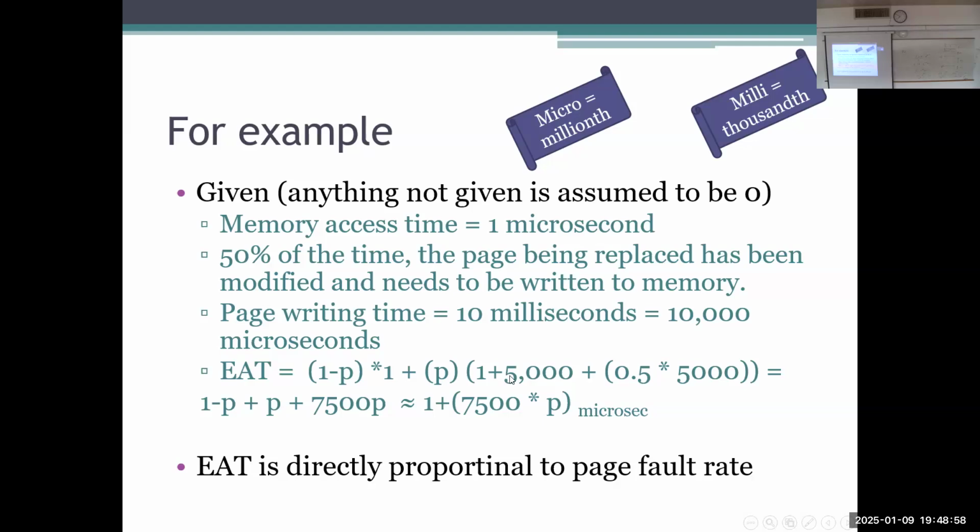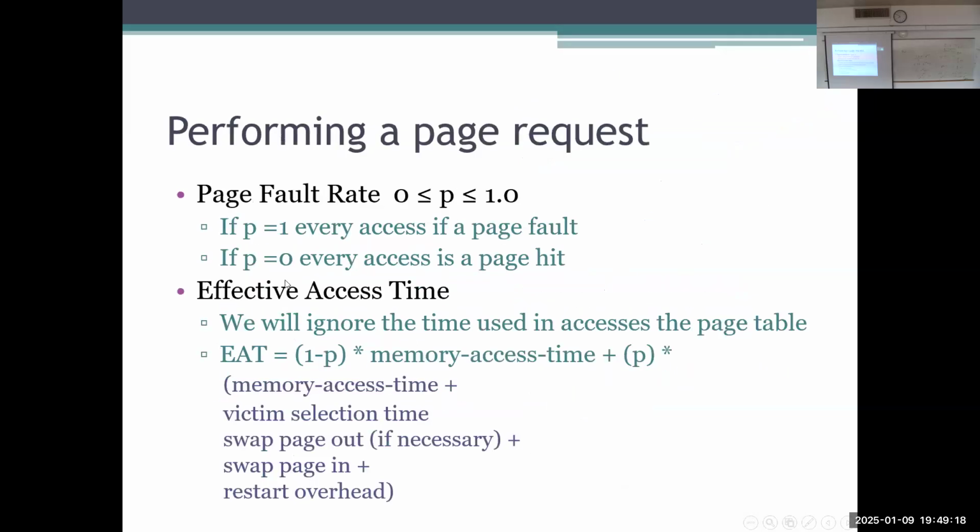Why 5,000? Oh, did I divide this too many times? What is the 5,000? There's no 5,000, there's a 10,000. Page writing time. Victim selection time, swapping a page out. What did I write here?